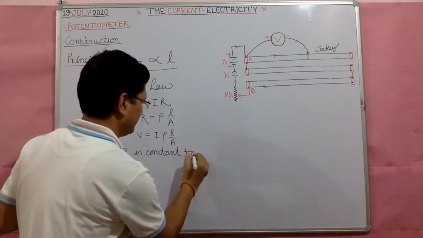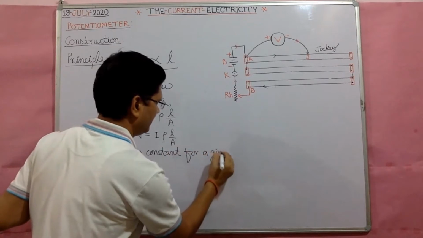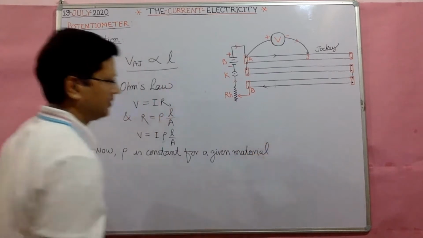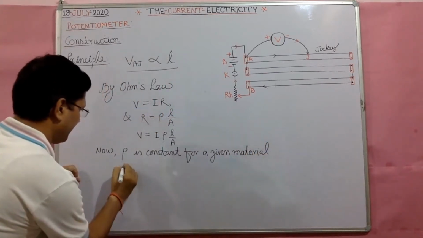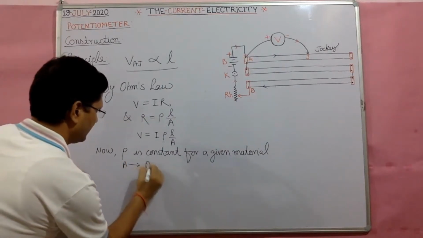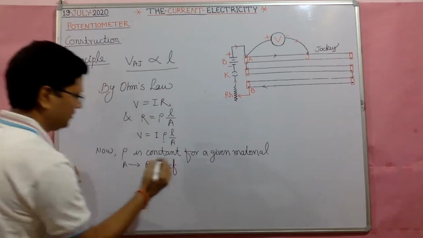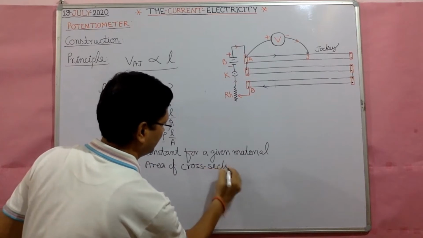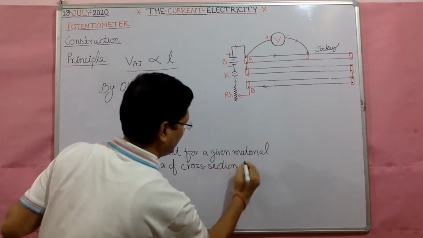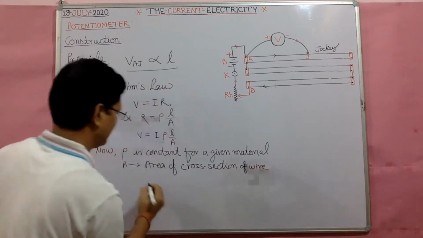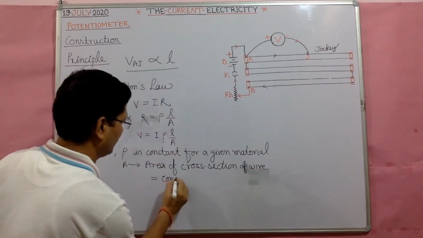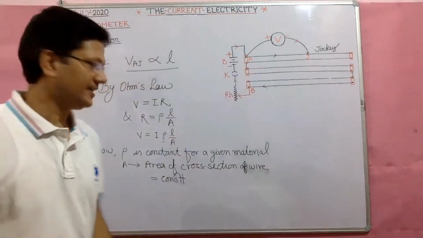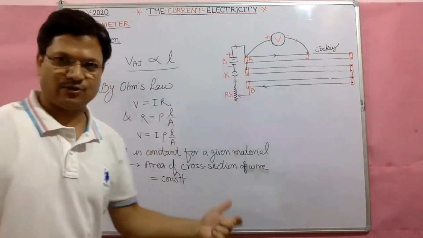The area of cross section of the wire A is also constant. The resistivity of the wire is also constant.